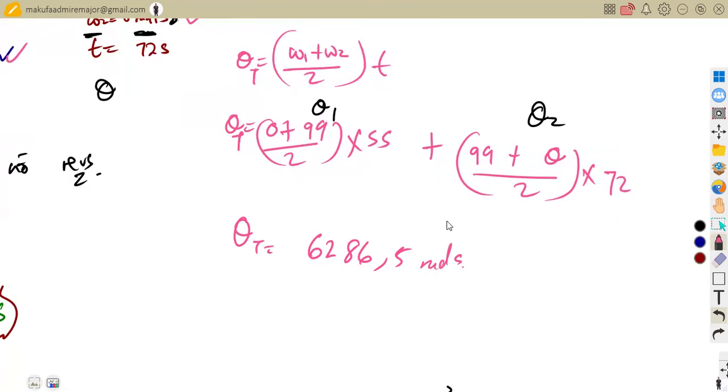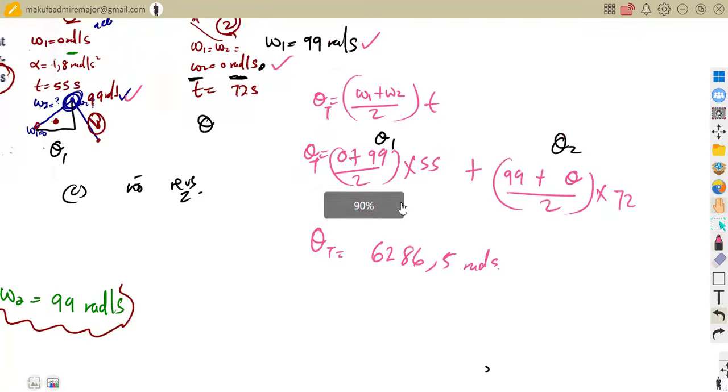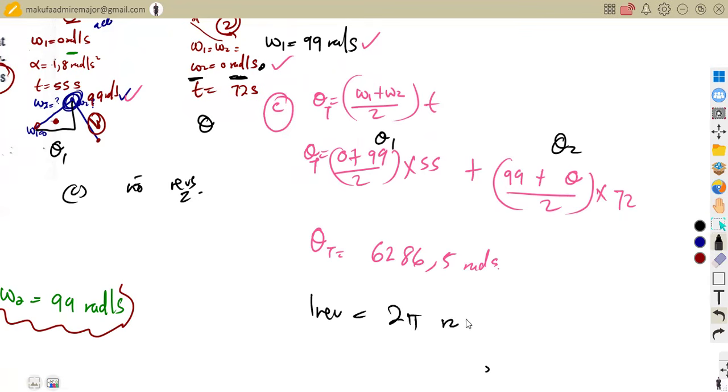The purpose of doing this, remember, is that we can calculate the revolutions, because the revolutions are taken from the relationship between the radians and the revolution. If one revolution is equal to 2 pi radians, what about this 6,286.5 radians that we are given? How many revolutions do we have there?